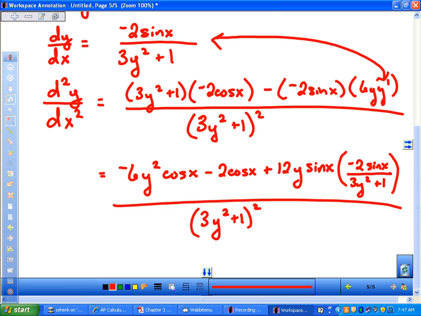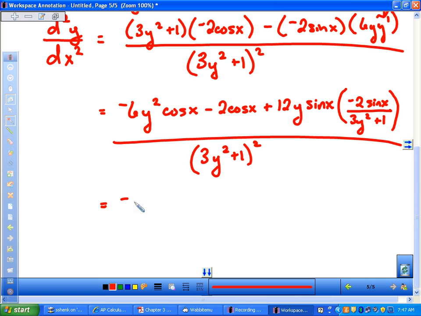Really from here, how much simplification you want to do is up to you. I'm going to do at least one more thing here. Negative 6y squared cosine x minus 2 cosine x.